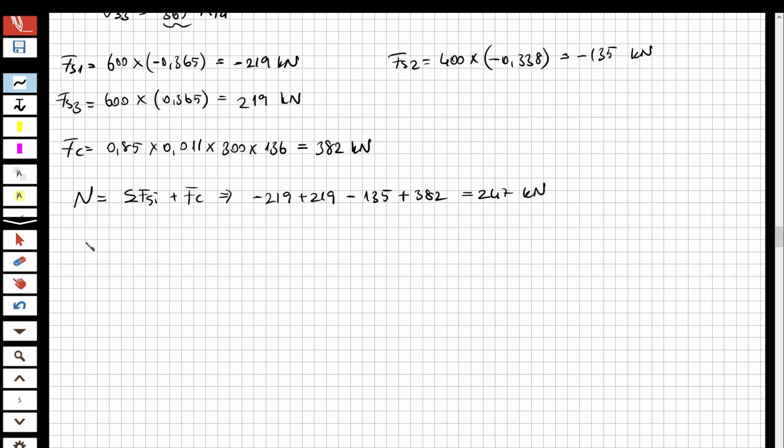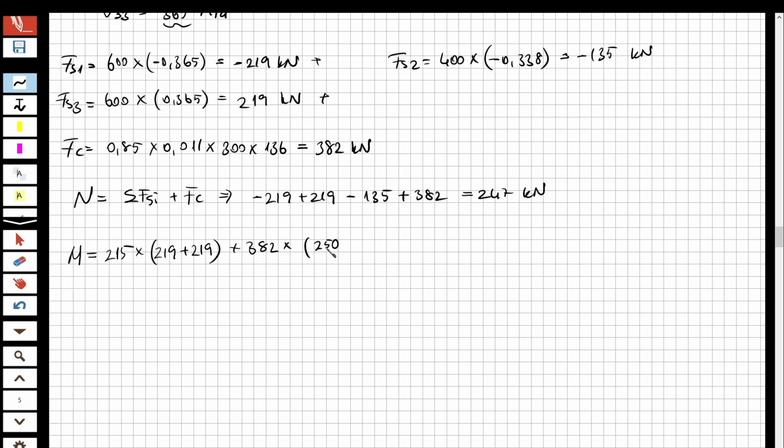So now let's calculate the moment. The moment is going to be calculated as 215, the moment arm for FS1 and FS3, the moment arm for both forces, multiplied by 219 plus 219, because they are going to make the same effect, and plus 382 multiplied by 250, the half of the section, sorry.